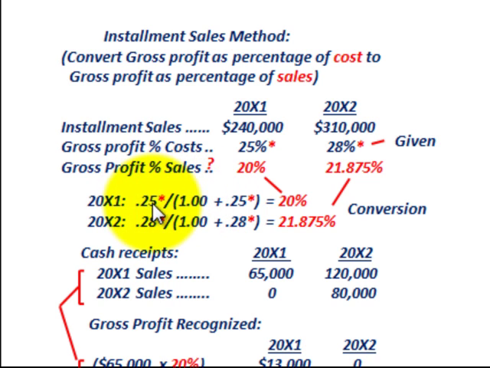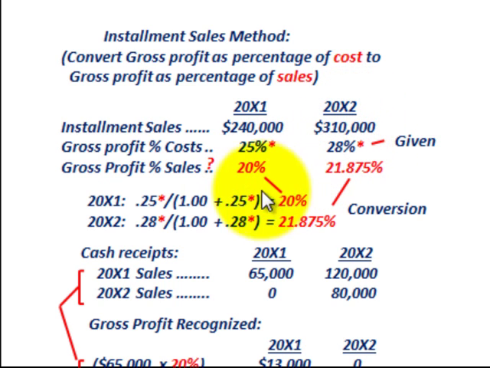You put 0.25 for your 25%, then you divide it by 1 plus 0.25. So you end up with 0.25 divided by 1.25. That's going to give you 20%. So that's how we converted our gross profit as a percentage of cost of 25% to gross profit as a percentage of sales at 20%.